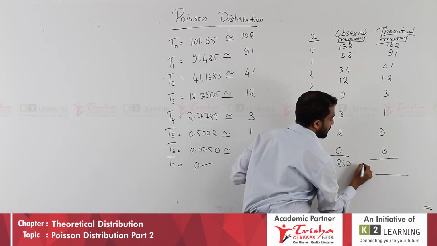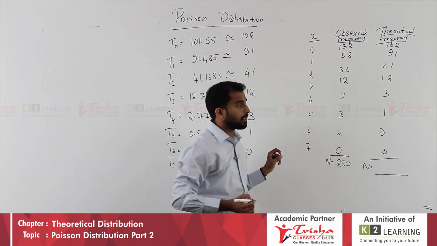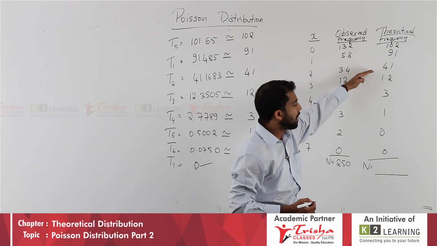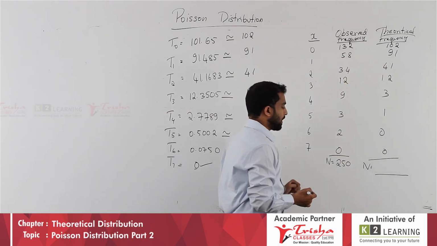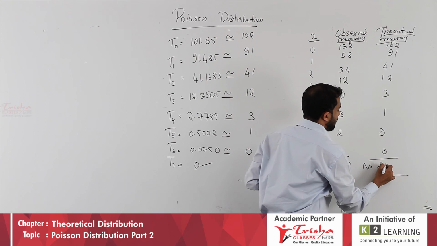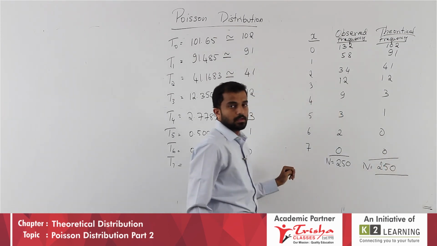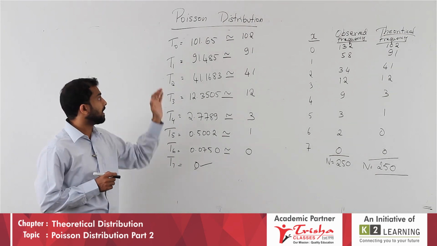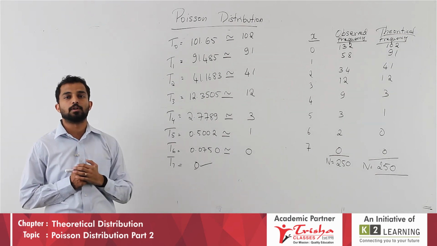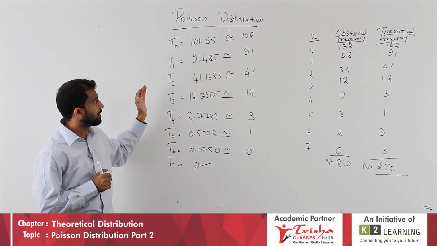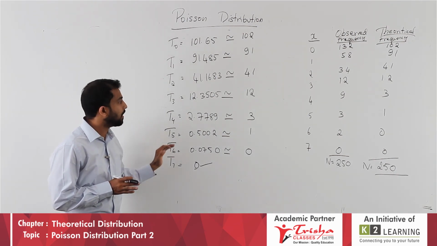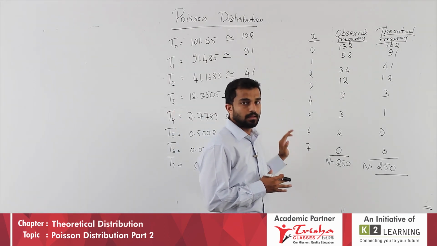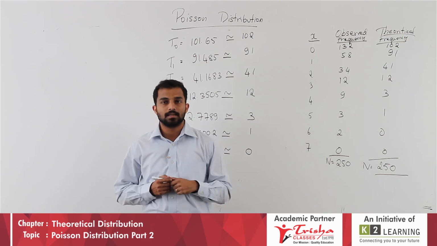But what matters is the final total. The total of the theoretical frequencies, when you add 102, 91 and all these numbers, you need to get 250. Students, this is the sum which usually comes for the exam, saying fit a Poisson distribution to the given data. We have fitted the Poisson distribution to the given data, used a recurrence relation, and by this we conclude the aspect of Poisson distribution.